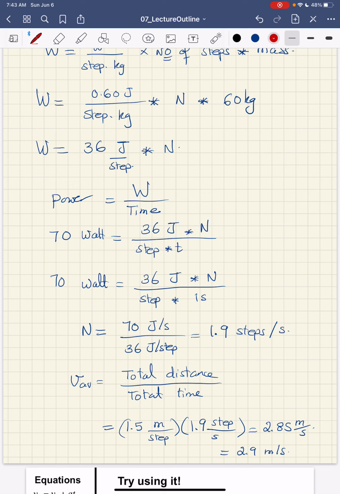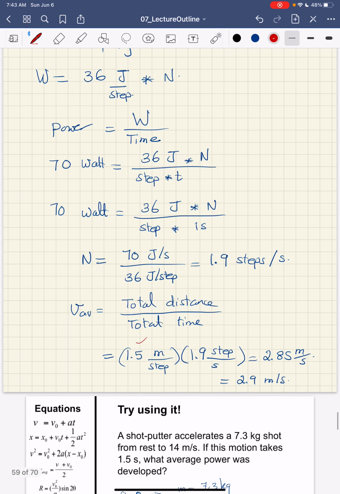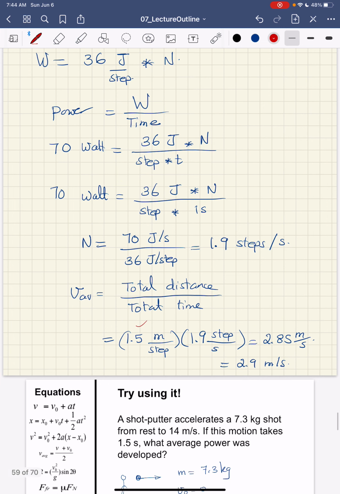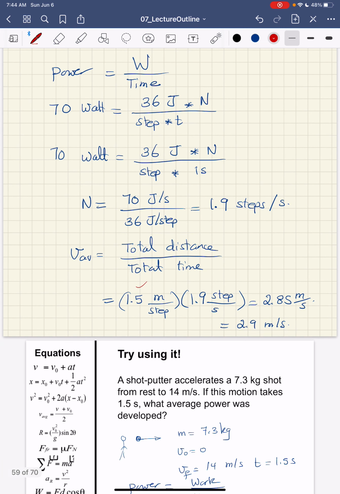It is 1.9 steps. But of course, steps are not our unit for measuring distance, and this is the reason why we need to convert this into meters. Then 1.5 times 1.9 gives me the total distance. When I divide this by the total time, which in my case is 1 second, I get distance divided by total time, and it gives me 2.9 meters per second.